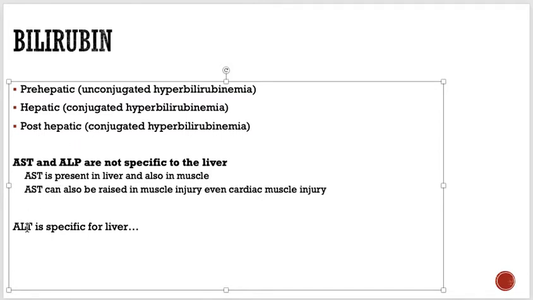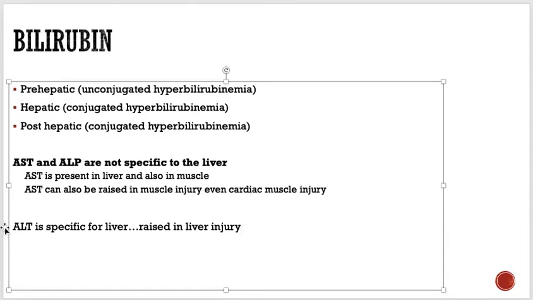Alanine transferase is present in high concentration in the liver. It is also present in the kidney and other tissues, but mostly it is present in the liver. So whenever there is any kind of liver injury, for example, someone who comes to me with the complaint of jaundice, I am going to check his ALT.